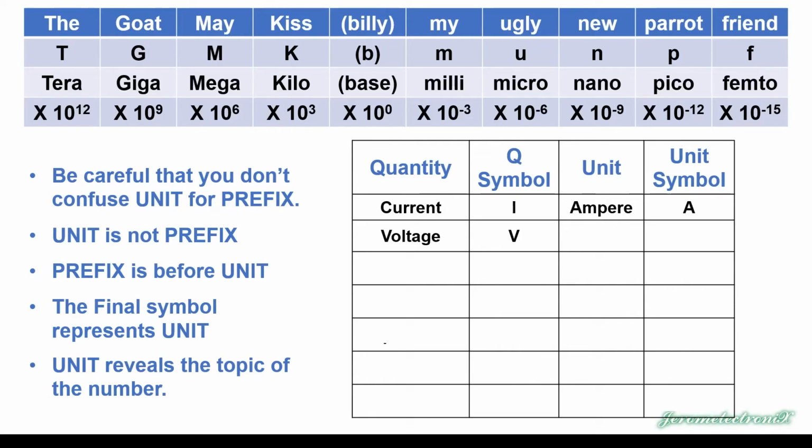You will see that I use E sometimes. Why am I putting a V here for both the question and the answer? Well, it's because electricians and electrical engineers, they're lazy. They want to say volts, and they say volts, and it's bad grammar, but everybody accepts it.